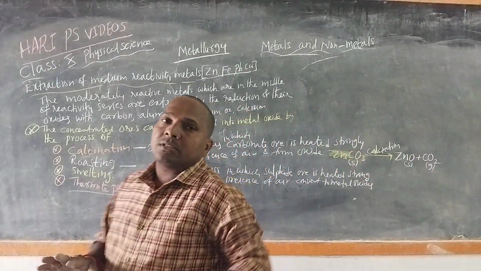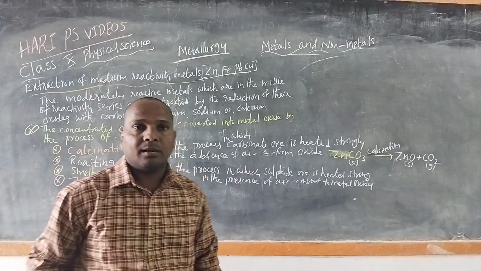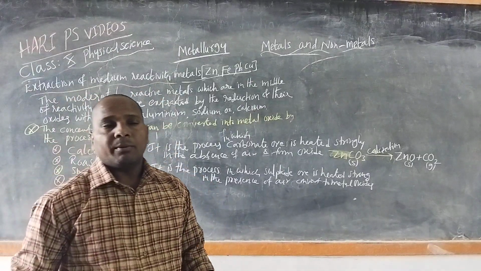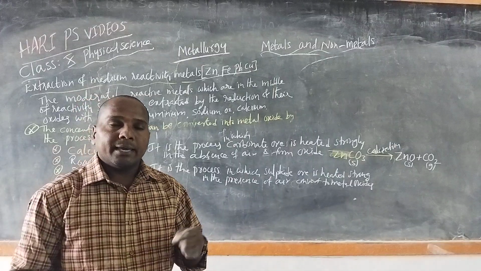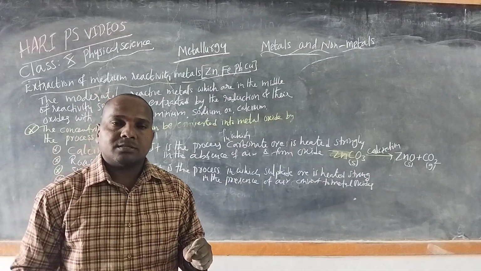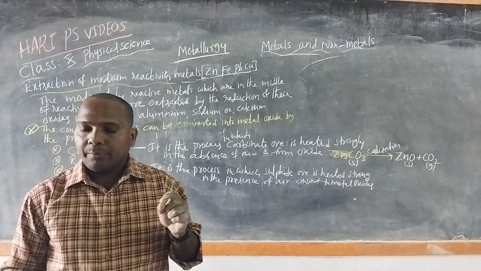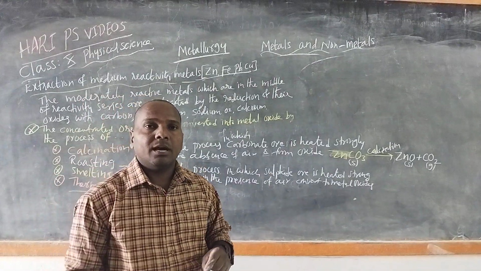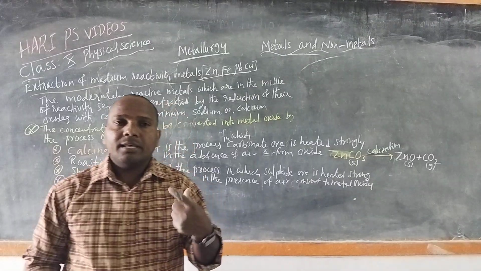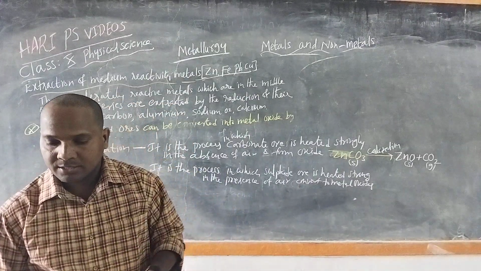So sulfide ores are converted into metal oxide ores by the process of roasting. Roasting is the process in which sulfide ores are strongly heated in the presence of air, then they convert into metal oxides.